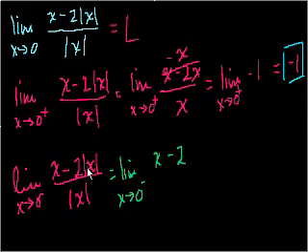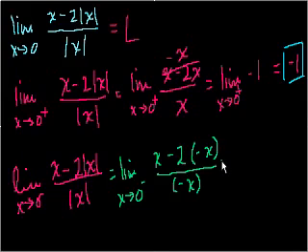The absolute value of x is the same thing as negative x. Hopefully that makes sense to you, right? If we're dealing with negative numbers, then taking the absolute value of a negative number is the same thing as multiplying that negative number times the negative to essentially make it into a positive number. And then, of course, the absolute value of x in the denominator, since we're dealing with a negative number, is also equal to negative x.